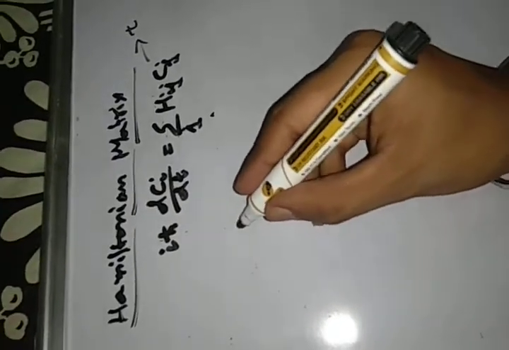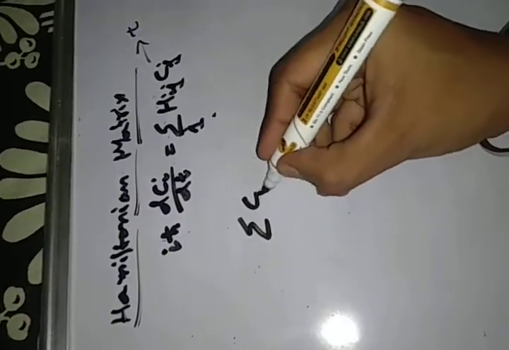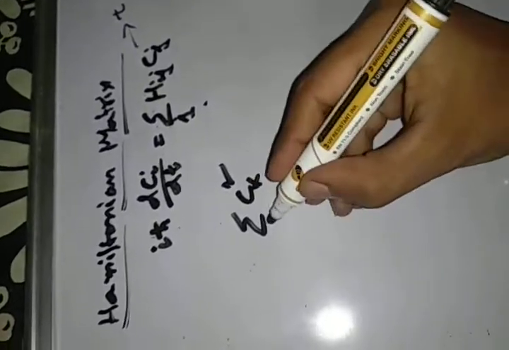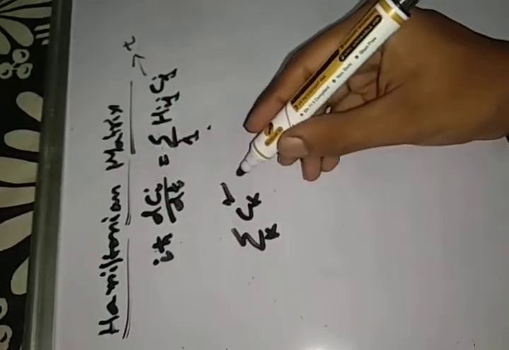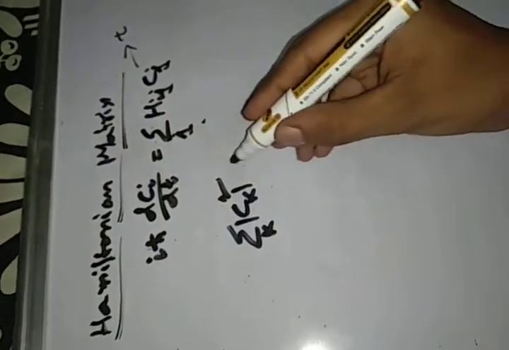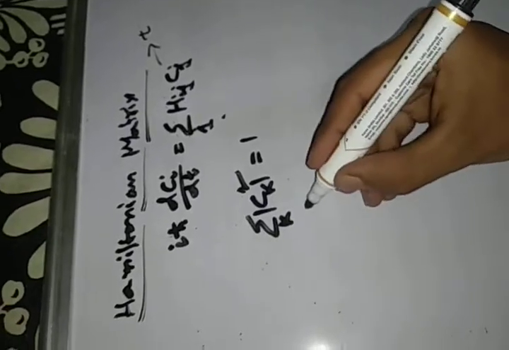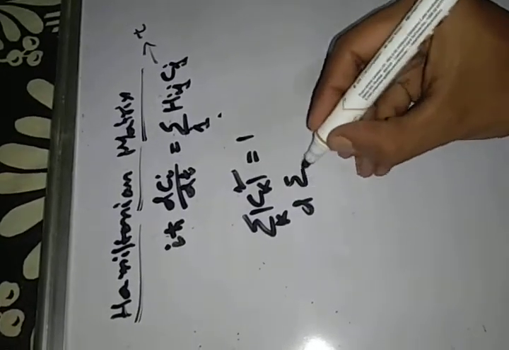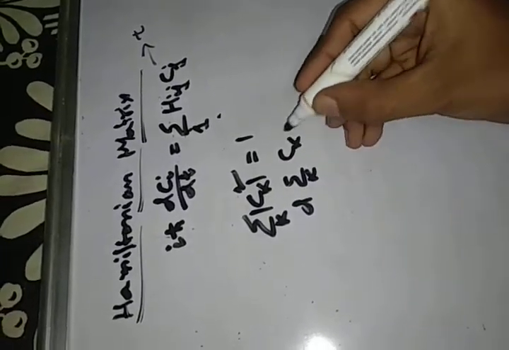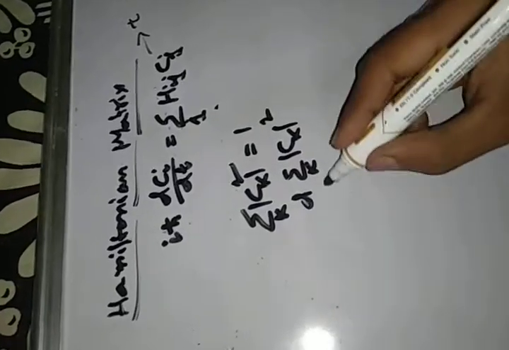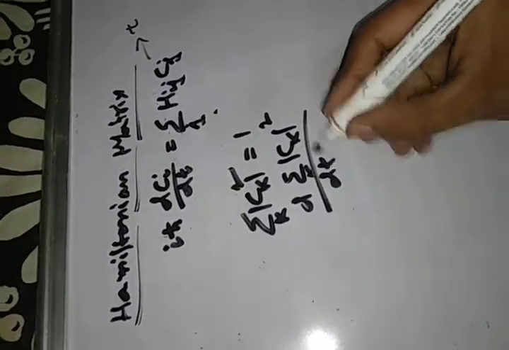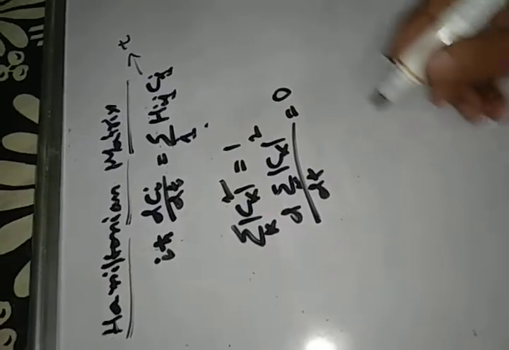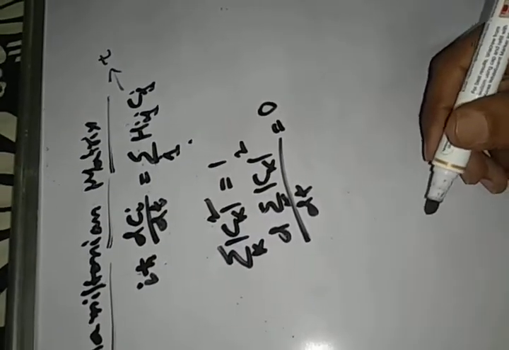We know then summation ck squared. We have taken k intentionally in order that we are not confused with the notations. This thing is equal to 1, isn't it? So d/dt of summation k ck squared is equal to 0. This thing will not change with time.